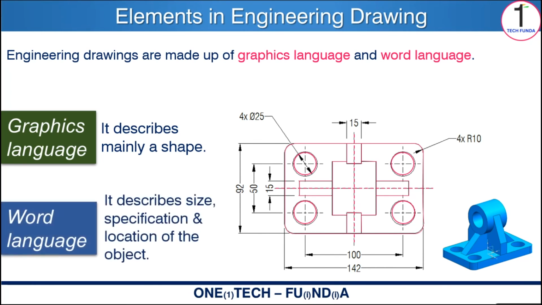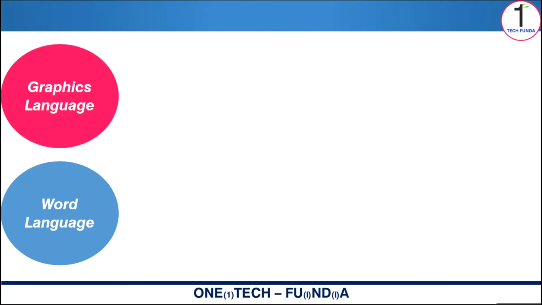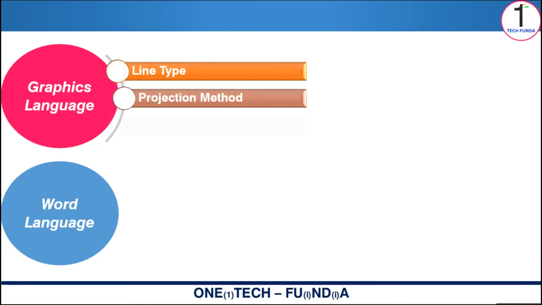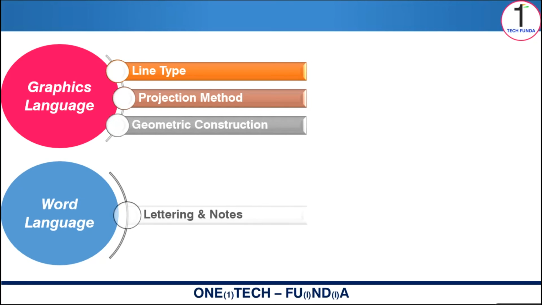Word language describes mainly size, specification and location of the object. In graphic language, except shapes, types of line, projection method and GD&T are also shown. In word language, except size, specification and location, the lettering and notes are also shown.